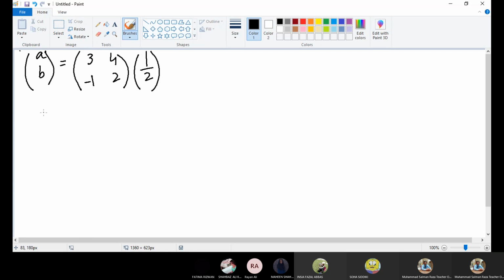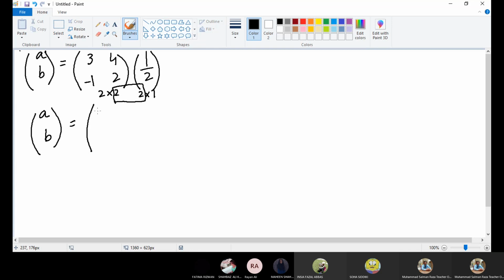So the very first thing is A and B will be written over here as it is, and then we are going to again check whether we can multiply or not. So this is a 2 by 2 matrix and this is a 2 by 1 matrix, and I told you when the numbers are same we can multiply them.